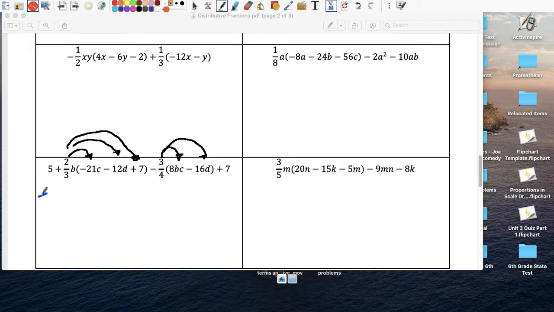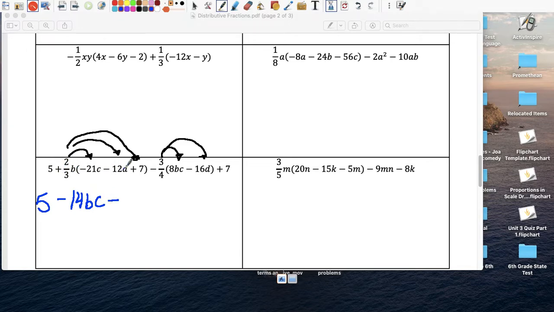So 5 hangs out. Let's do positive 2/3 b times minus 21c. So it's a positive times a negative, which is a negative. 2/3 of 21 would be 14, bc. Next one, 2/3 positive times negative 12d. It's a positive times a negative, which is a negative.